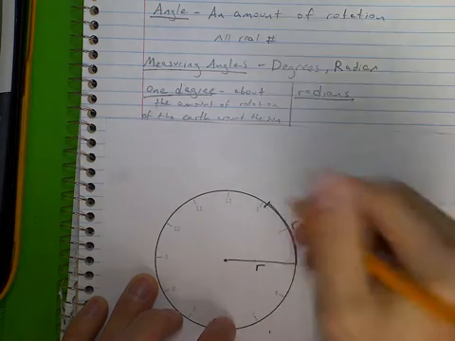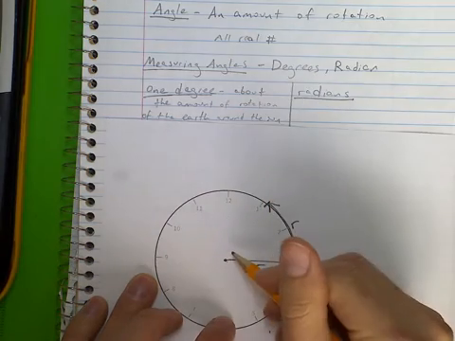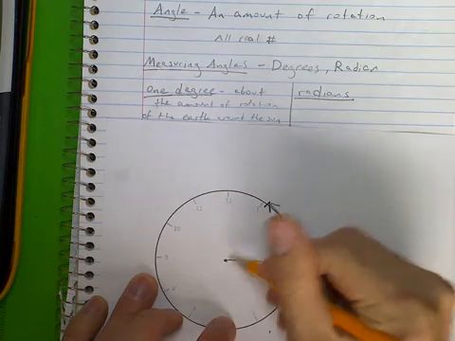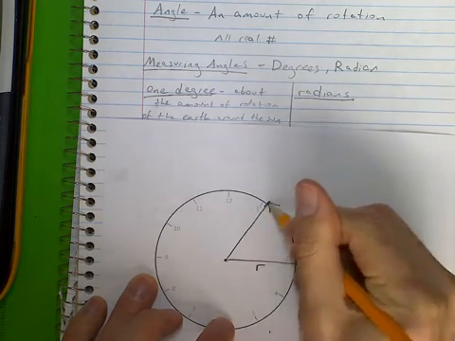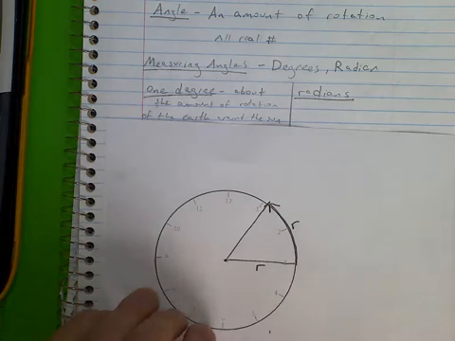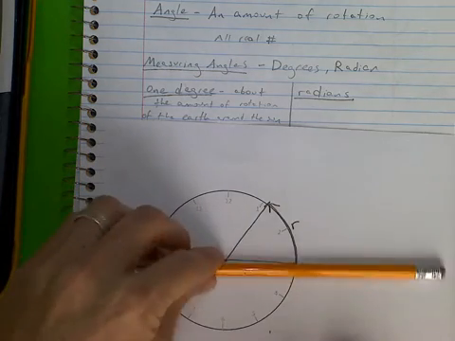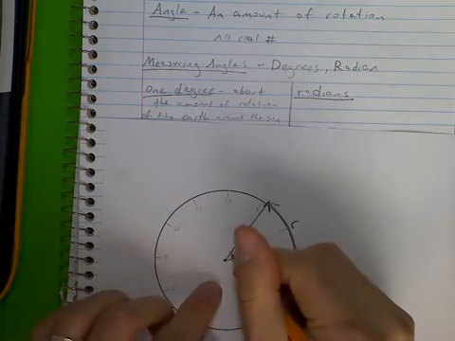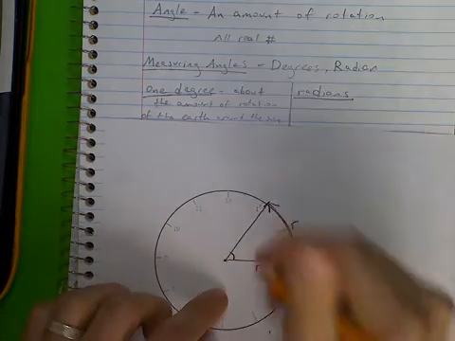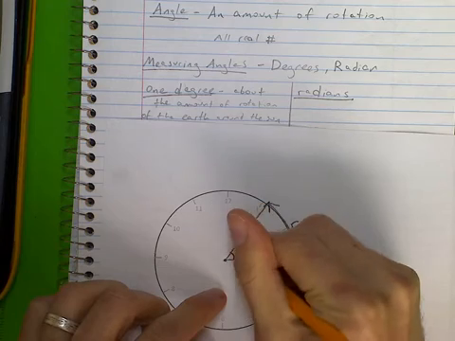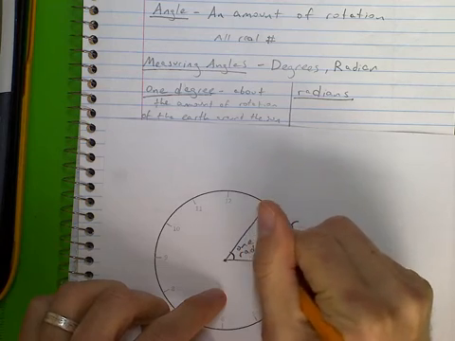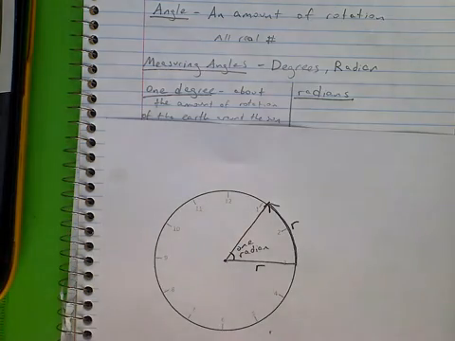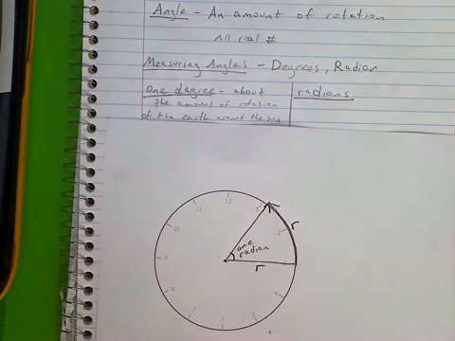And when I wrap the radius around the edge of the circle, I make an angle. I can think about this as a certain amount of rotation. Okay? And I call this amount of rotation a radian. So this amount of rotation is 1 radian.